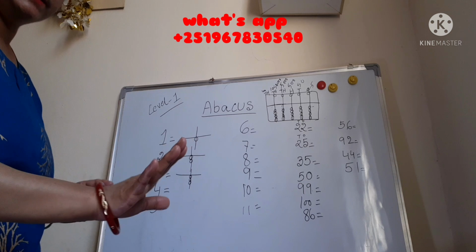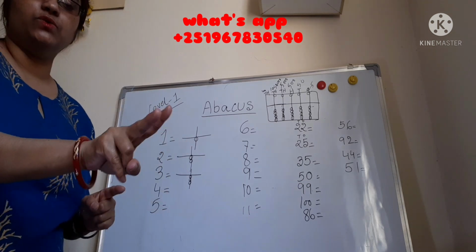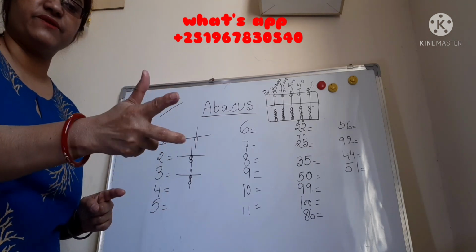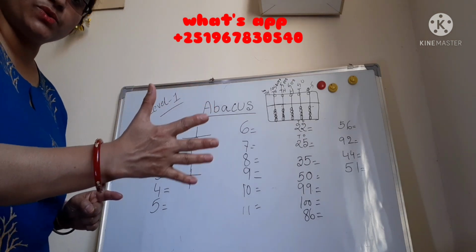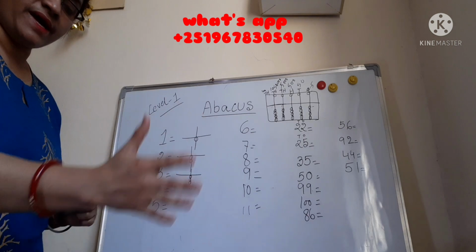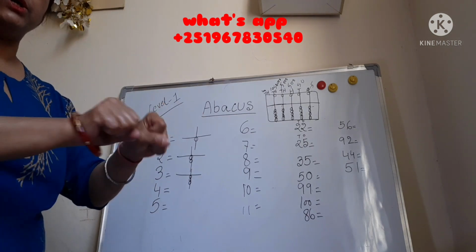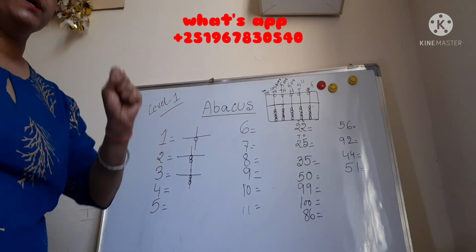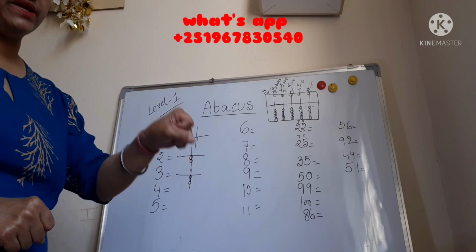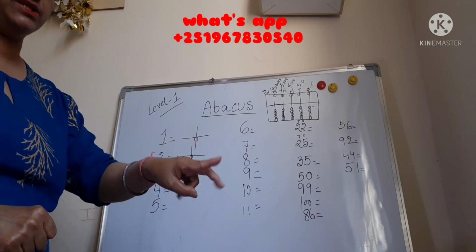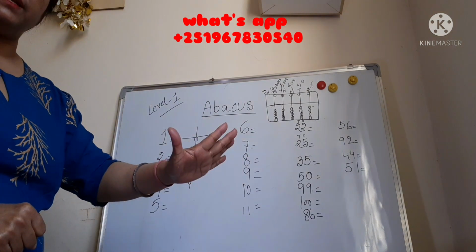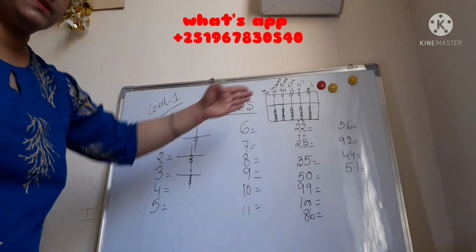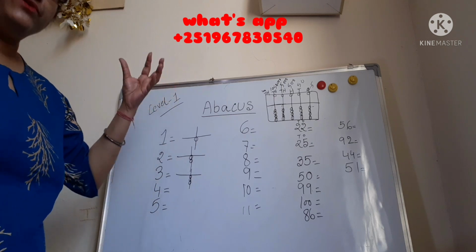If I raise all the fingers of my right hand, this denotes 5, and up to 9. If I close my left hand, this is 0. If I raise my left hand index finger, this is 10, 20, 30, 40, 50, 60, 70, 80, 90. This is the 90. So in this abacus tool, how will we calculate?